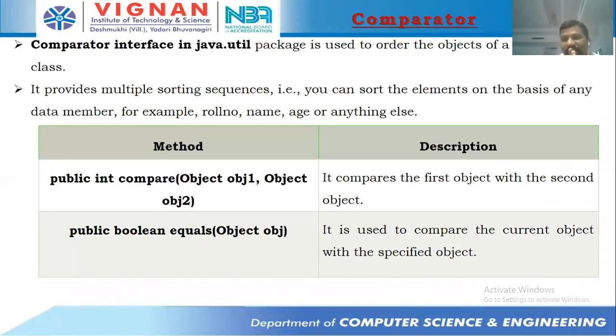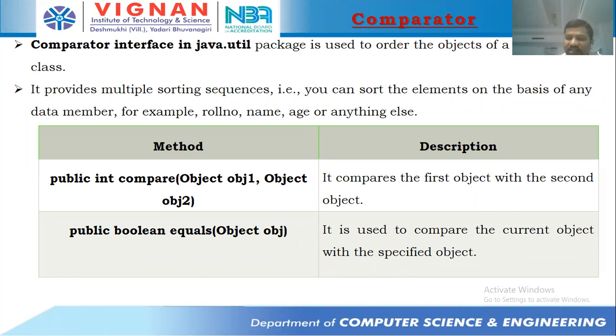Comparator is one of the interfaces in Java, and with the help of this comparator interface, we can order objects. The Comparator interface is used to order the objects of a user-defined class. If you want to place objects into any collection, that might be a linked list, a hash set or a priority queue, then we can make use of comparator.